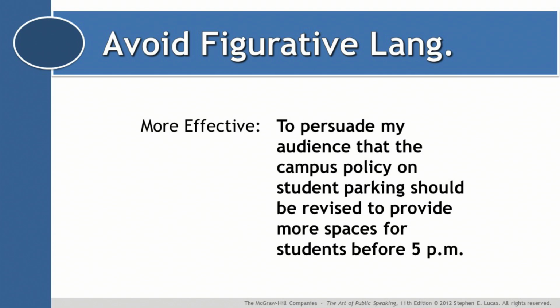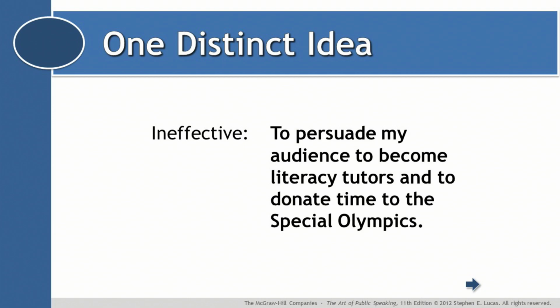The next guideline that we are going to take a look at is one distinct idea. So our ineffective example: to persuade my audience to become literacy tutors and to donate time to the Special Olympics. Both of these are very meritable causes, but we have two diverging ideas.